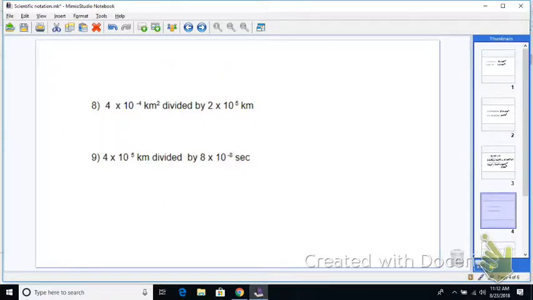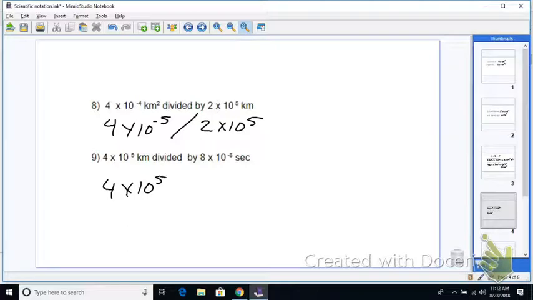Now, dividing, what do you do? You subtract. So do 8 and 9. I'm going to rewrite those so you guys can see them in the back. Okay.